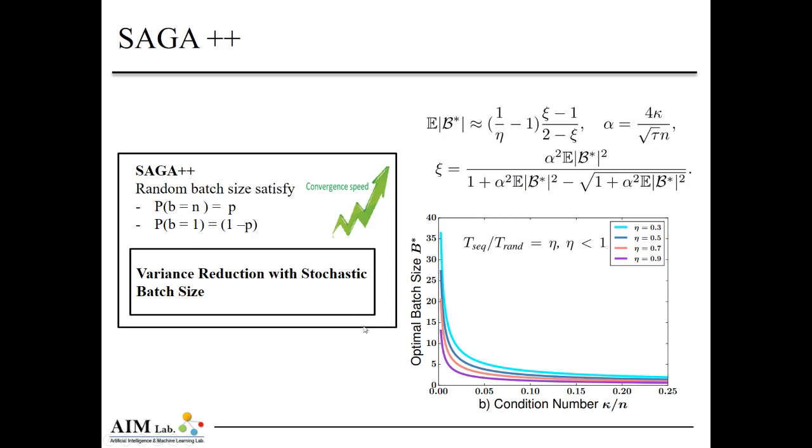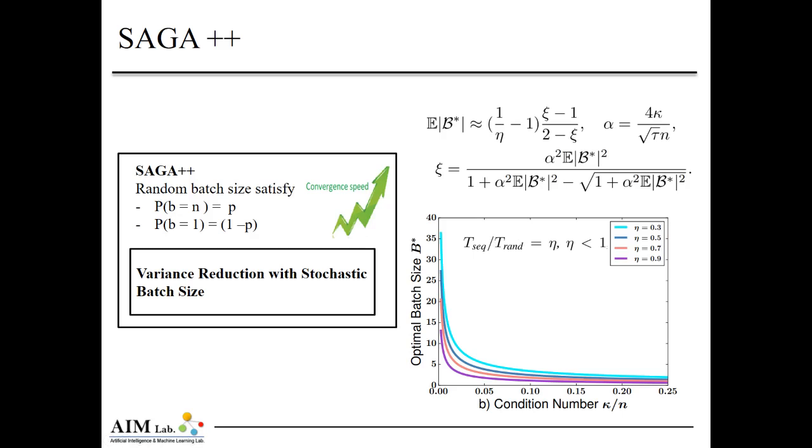The relationship between condition number and optimal path size and eta here is shown in the graph, where eta is the proportion of time for sequential access per time for random access.